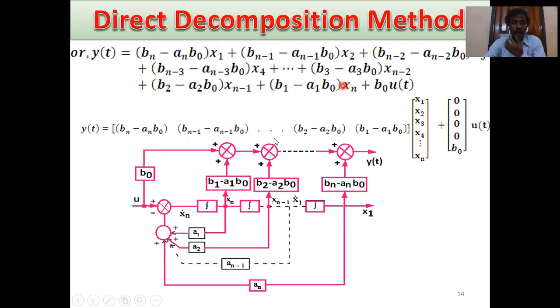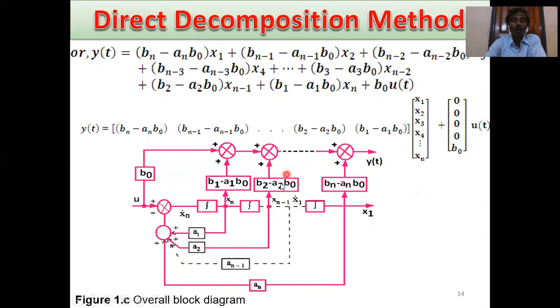And xn minus 1 into b2 minus a2 b0, dot dot dot. And x1 into bn minus an b0, equals y of t.